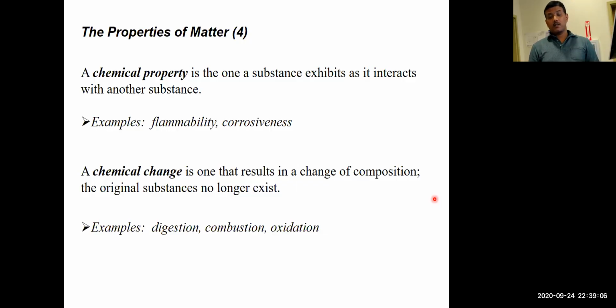And oxidation is something similar: if you leave a half-cut apple outside, it will turn brown because the apple is interacting with the oxygen and oxidizing in the open atmosphere. So those are chemical changes.